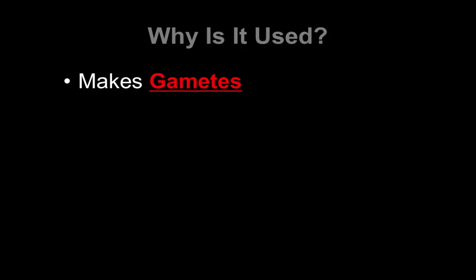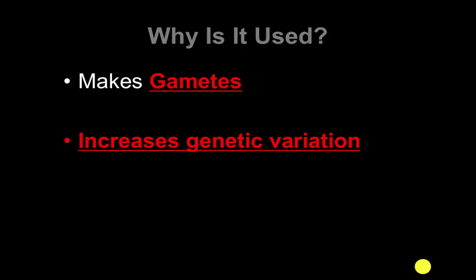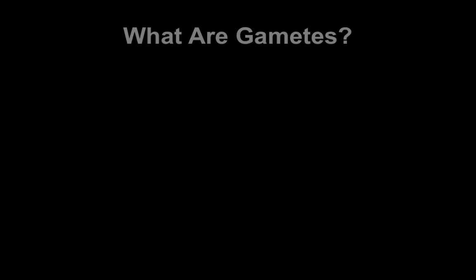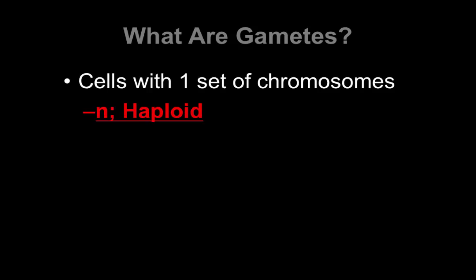Now, it's used to make what are called gametes. And it's going to be really important because meiosis and sexual reproduction help increase genetic variation. And we're going to see how that works here in a little bit. So what are gametes? Gametes are cells that only have one set of chromosomes.